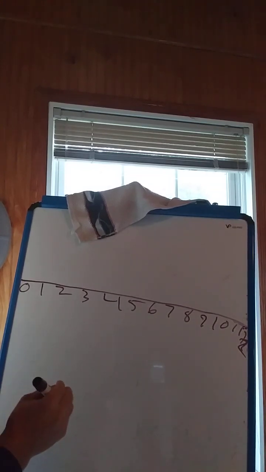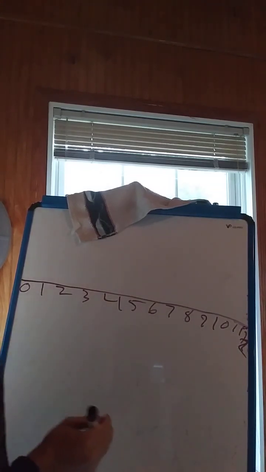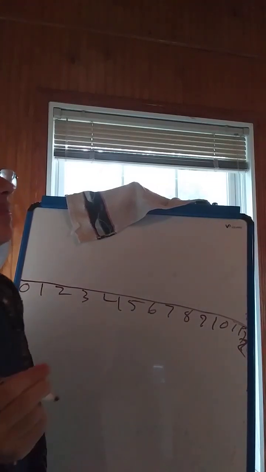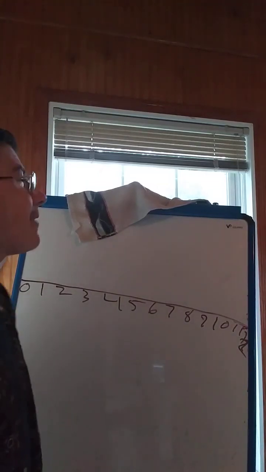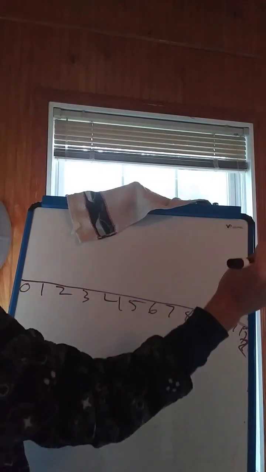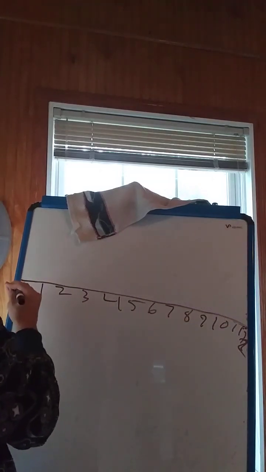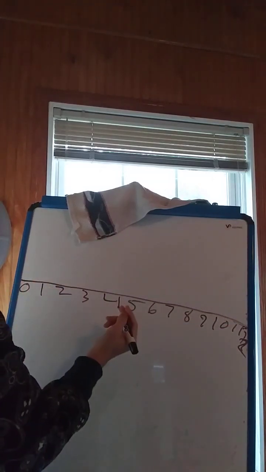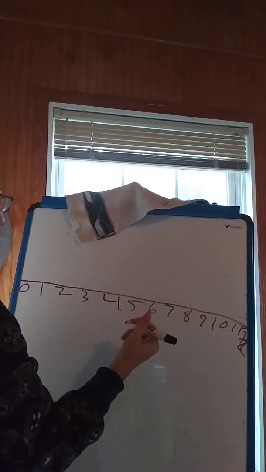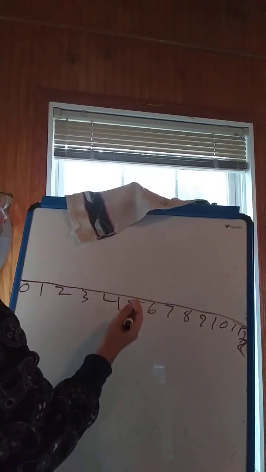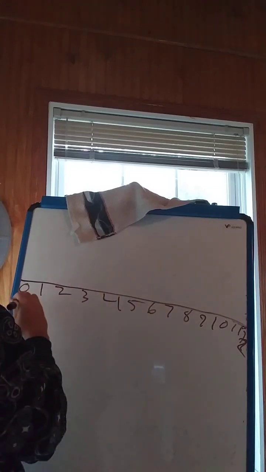And a number is bigger than another number if it is a further distance away from 0. So 2 is only 2 places away, and 5 is only 5 places away from 0.